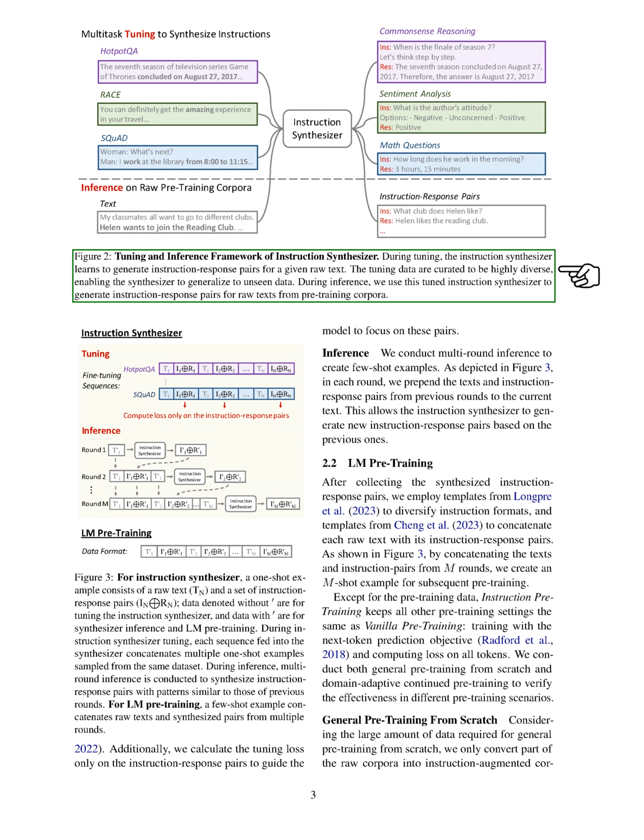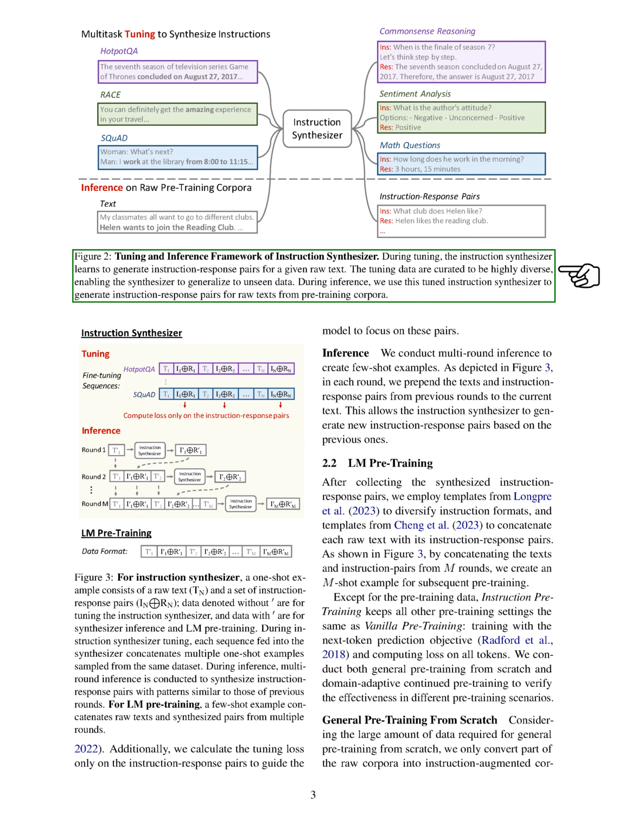We keep the pre-training settings the same as vanilla pre-training, training with the next token prediction objective and computing loss on all tokens. We test both general pre-training from scratch and domain-adaptive continued pre-training to see their effectiveness in different scenarios.